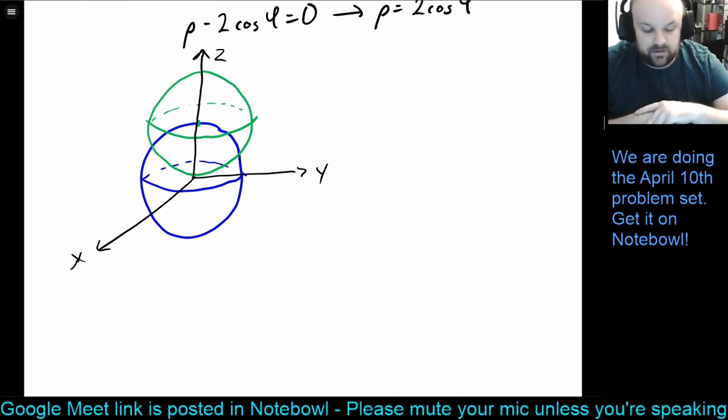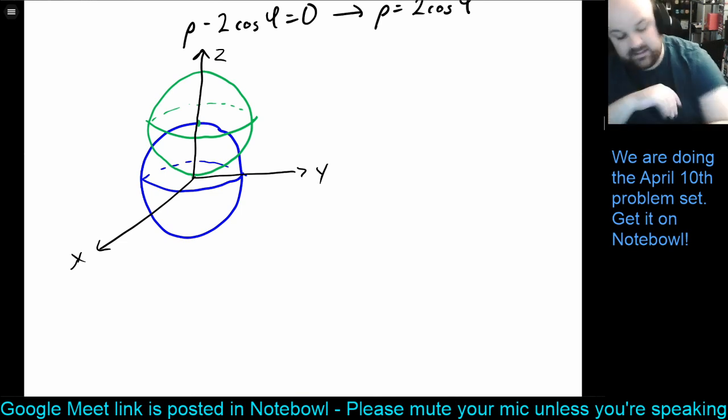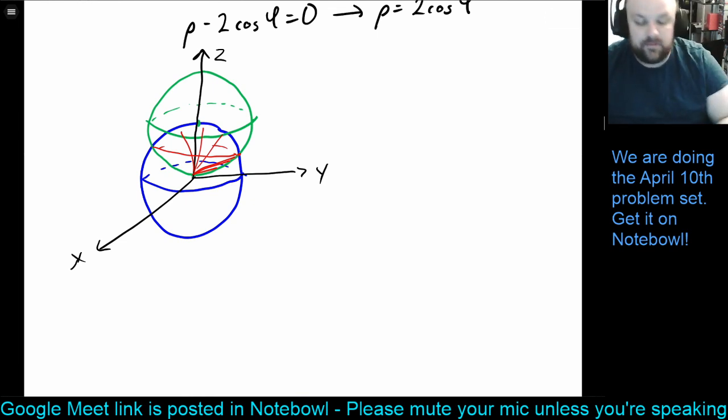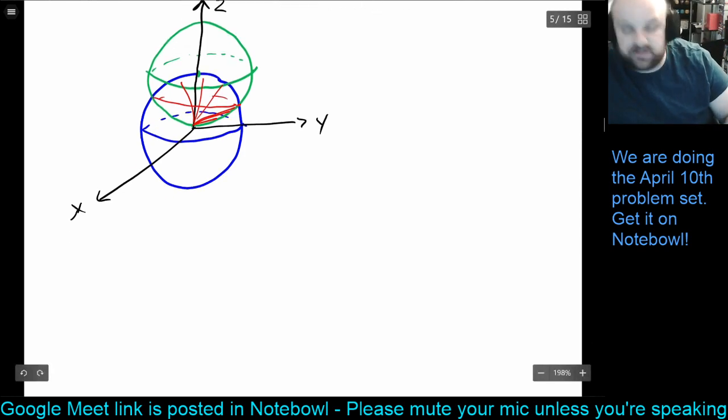So, depending on the value of phi, if it's pretty low, it's going to start at the origin and hit that green sphere until this point here, where the two spheres intersect. Then it switches to the blue one. So we need to set up the two different parts here.